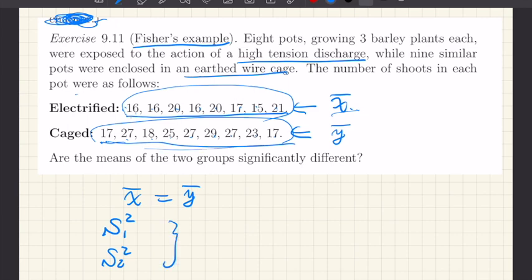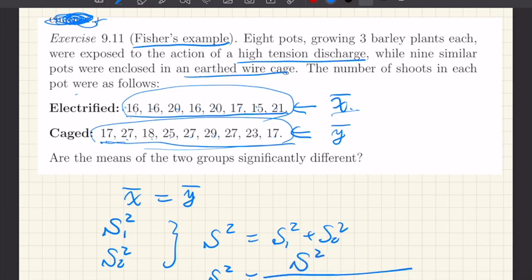Then add them to get S squared, and define small s by dividing S squared by 8 plus 9 minus 2, which is 15.